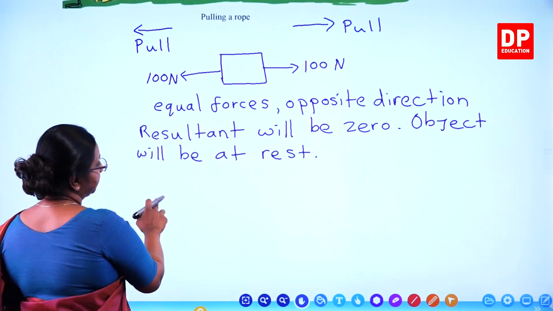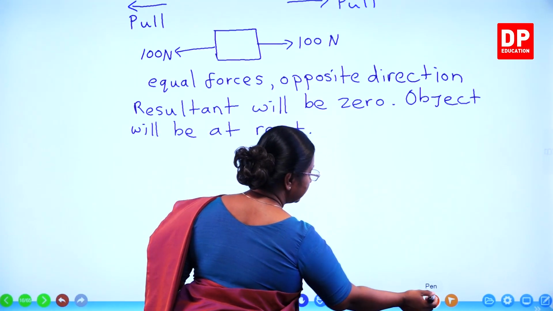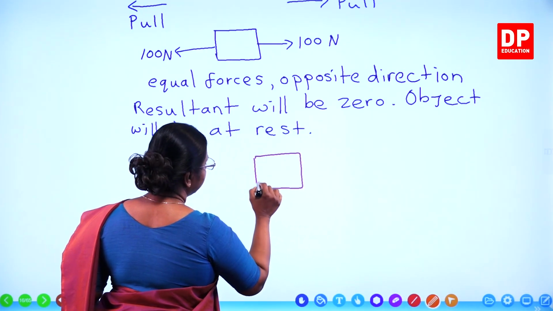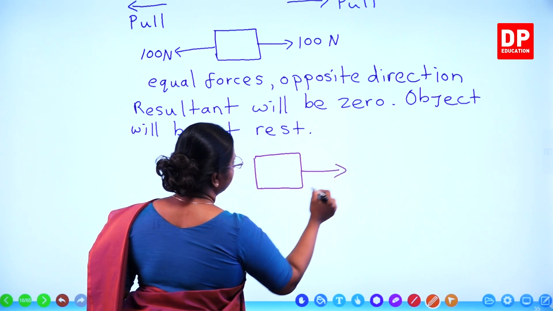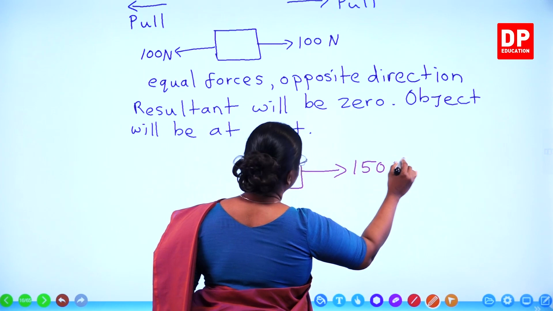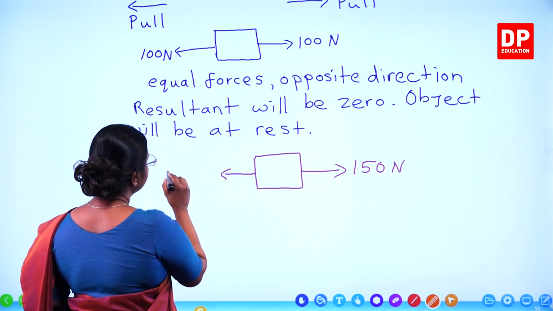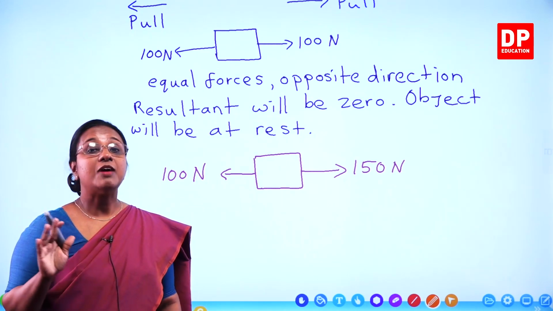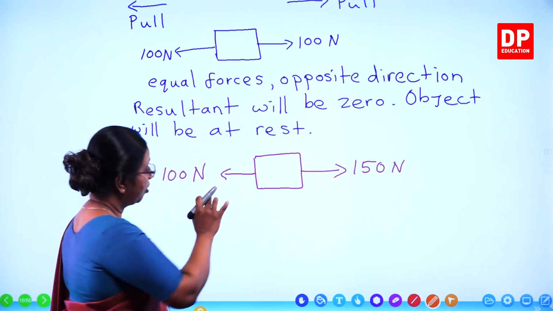But let's take, we have another instance. You have the object here. This group, the second group pulls with 150 Newton force, while the first group is only pulling with 100 Newton force. What will happen to the object or the midpoint?